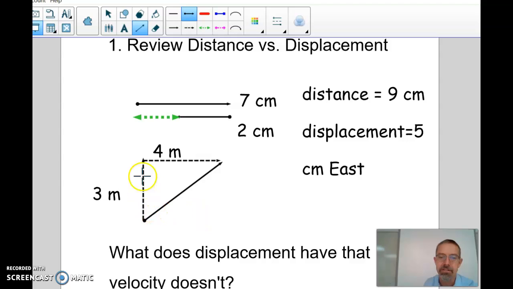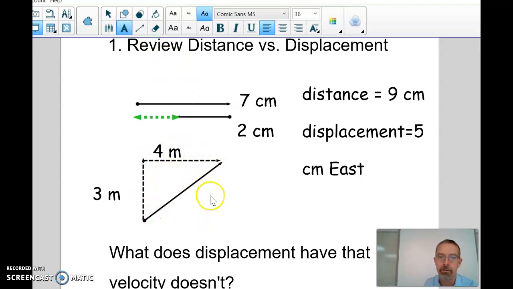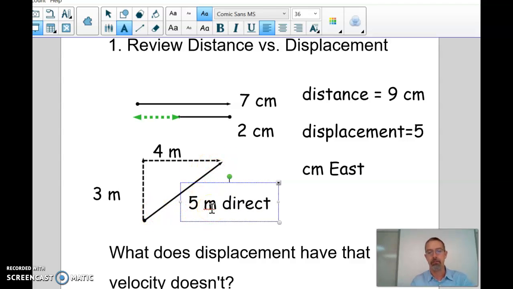My distance would be 7 meters, but this is a 3, 4, 5 triangle, so my displacement would actually be 5 meters. 7 meters of distance, 3 plus 4, 5 meters of displacement, and this would be right and up. I would need a direction, whatever direction that would be. So you'd need to include that. So that is what displacement has that distance doesn't.